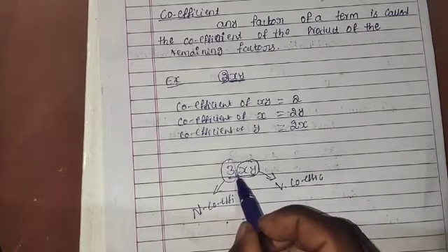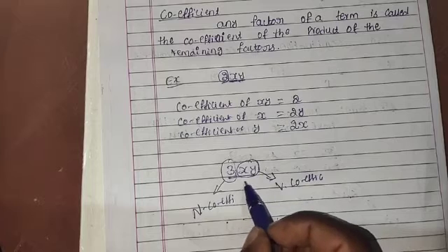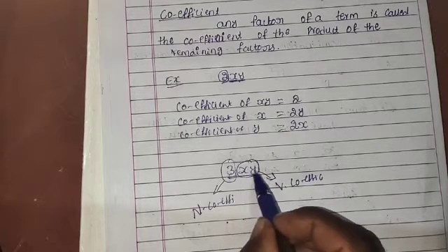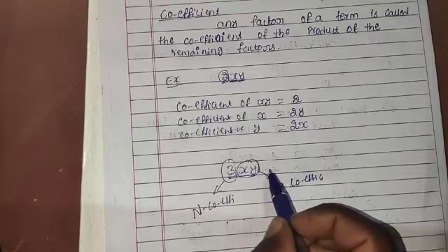In the given term 3xy, 3 is the numerical coefficient and xy is the variable coefficient.